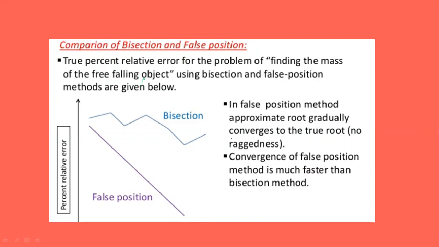In false position method, approximate root gradually converges to the true root. The convergence of false position method is much faster than the bisection method. So in this problem, comparing the bisection method and false position method, false position method is much faster than the bisection method in this example.